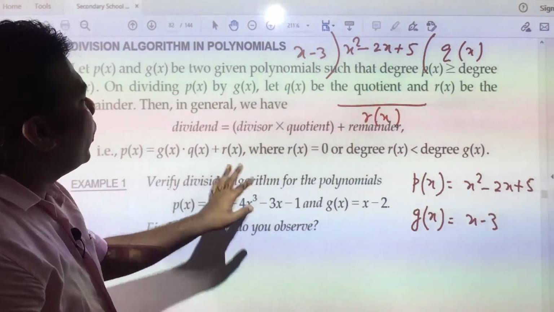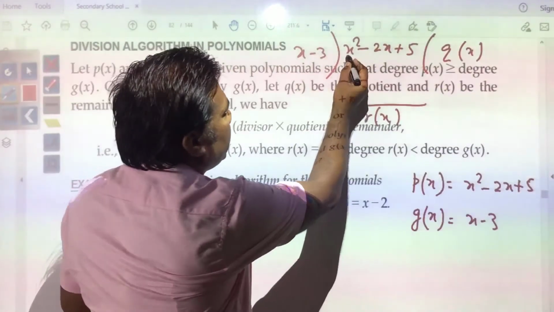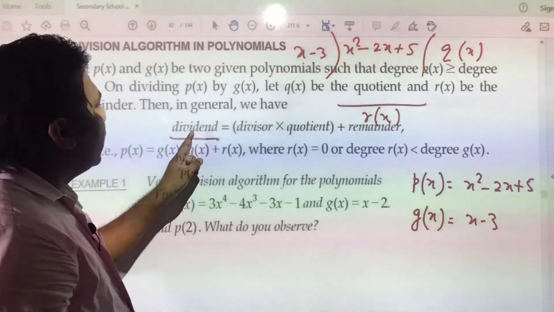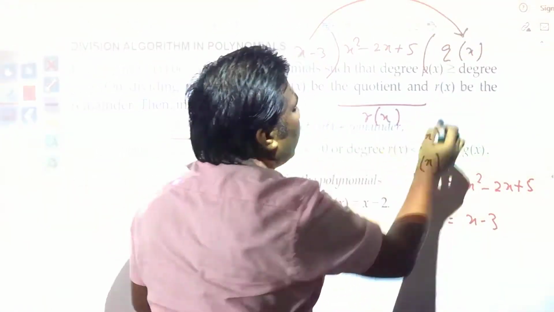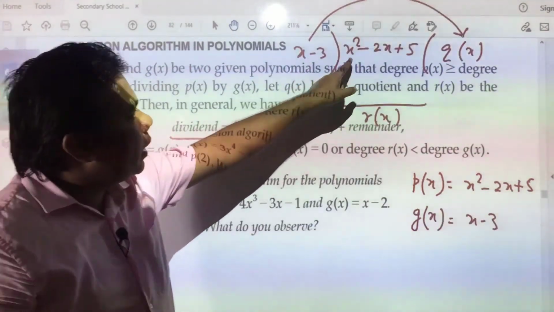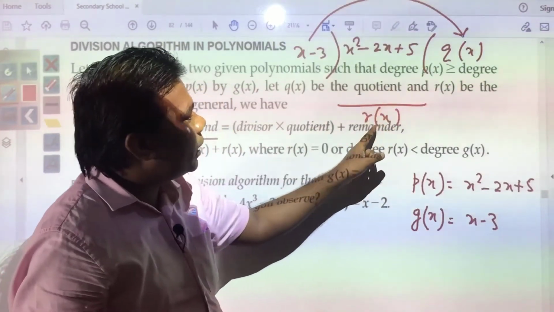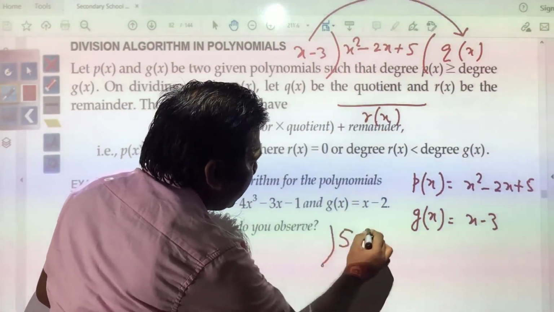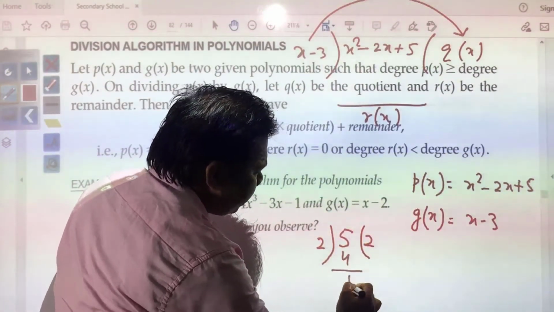Then in general, dividend, it means x square minus 2x plus 5, or you can say P(x), is equal to divisor into quotient plus remainder, that we write. Suppose a very simple example: 5 is being divided by 2, 2 into 2 is 4, remainder is 1.